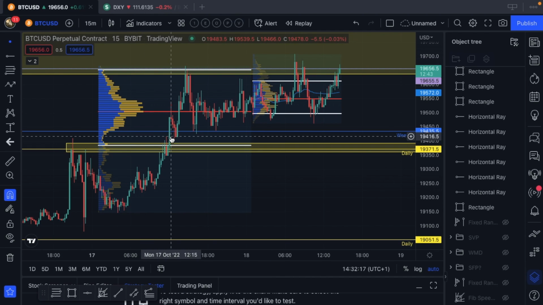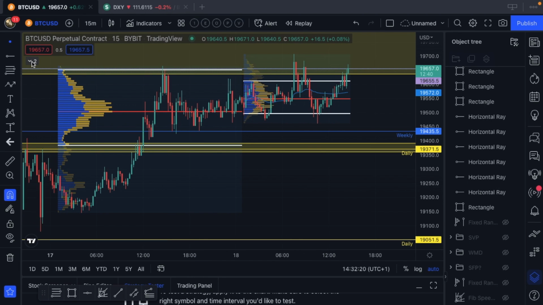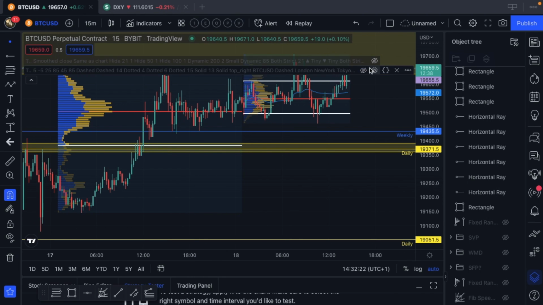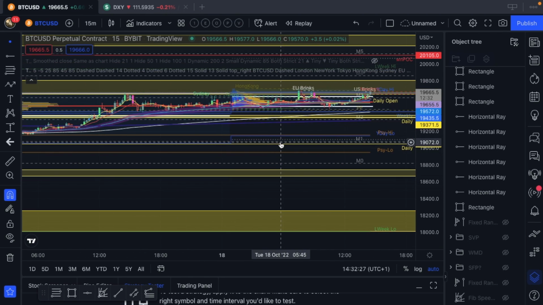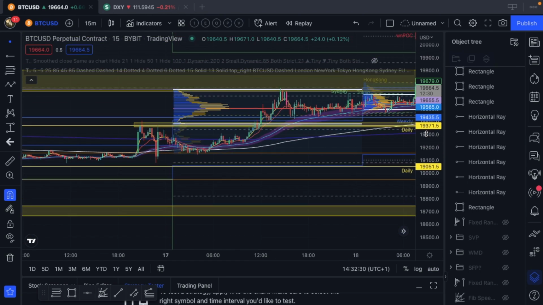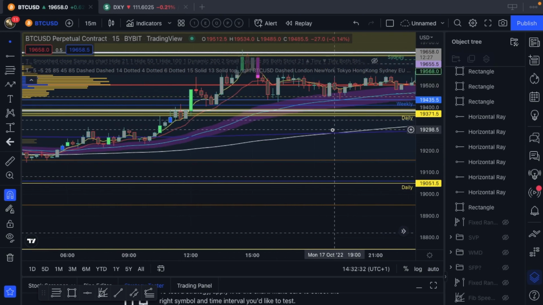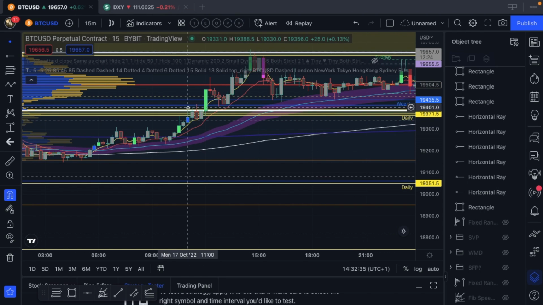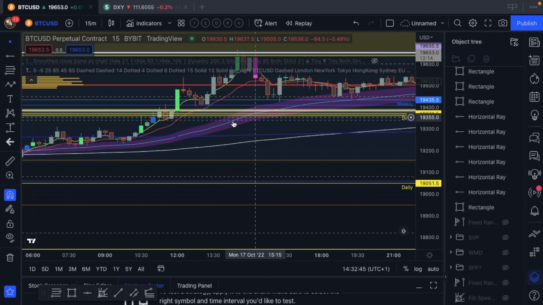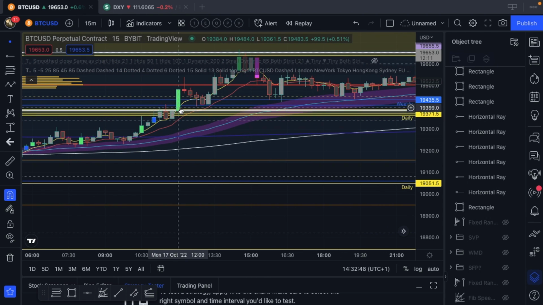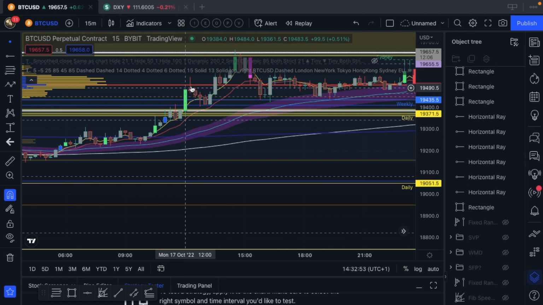So the first trade I actually got involved in here was right here. After we broke this level, we came back down, retested, found support, and once this green vector printed, I was waiting for a retrace.